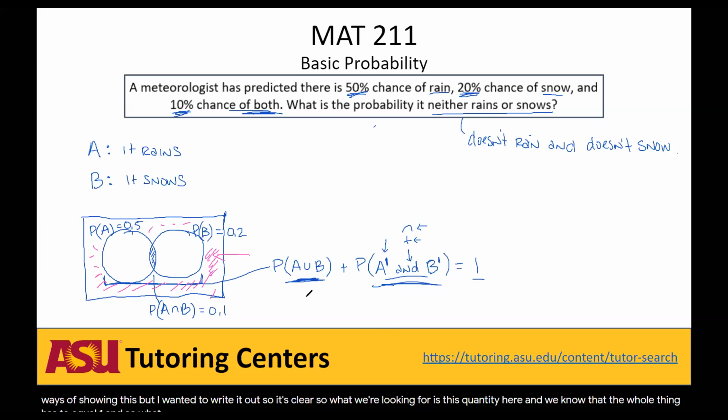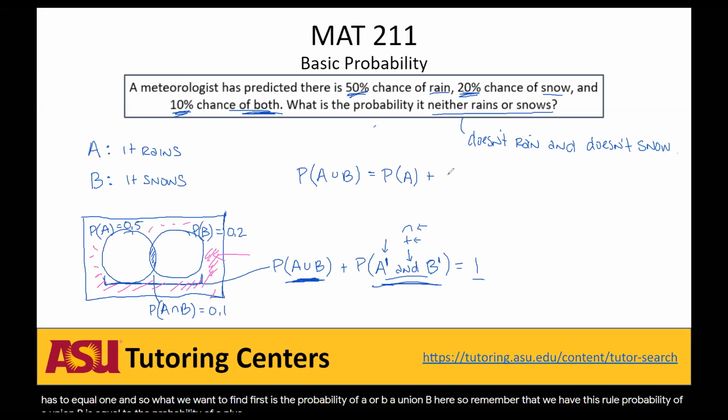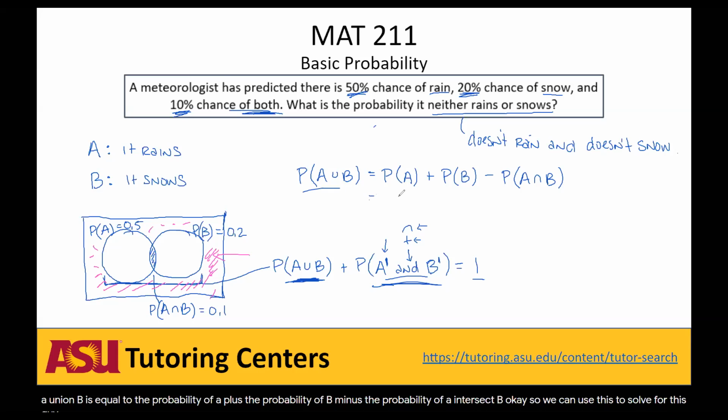And so what we want to find first is the probability of A or B, A union B here. So remember that we have this rule. Probability of A union B is equal to the probability of A plus the probability of B minus the probability of A intersect B. Okay? So we can use this to solve for this, because we have the values.